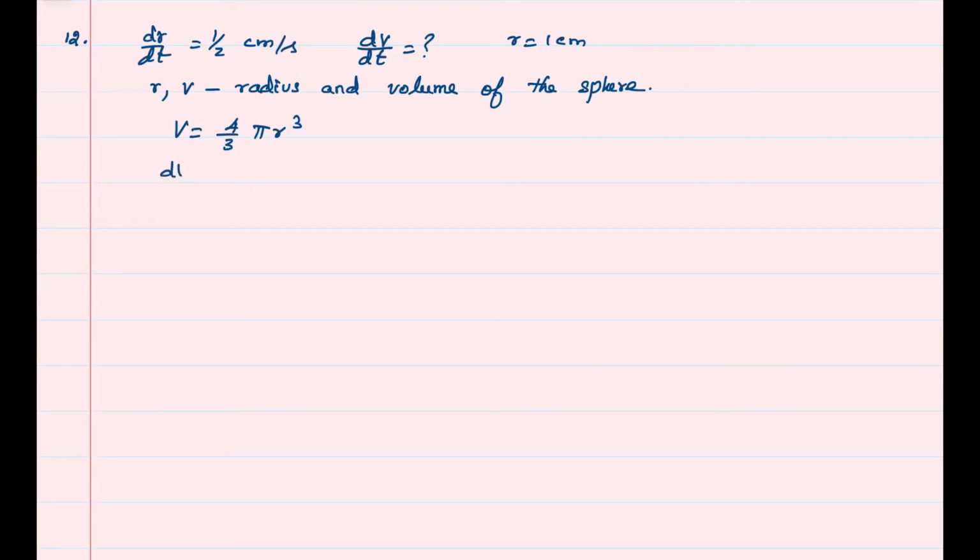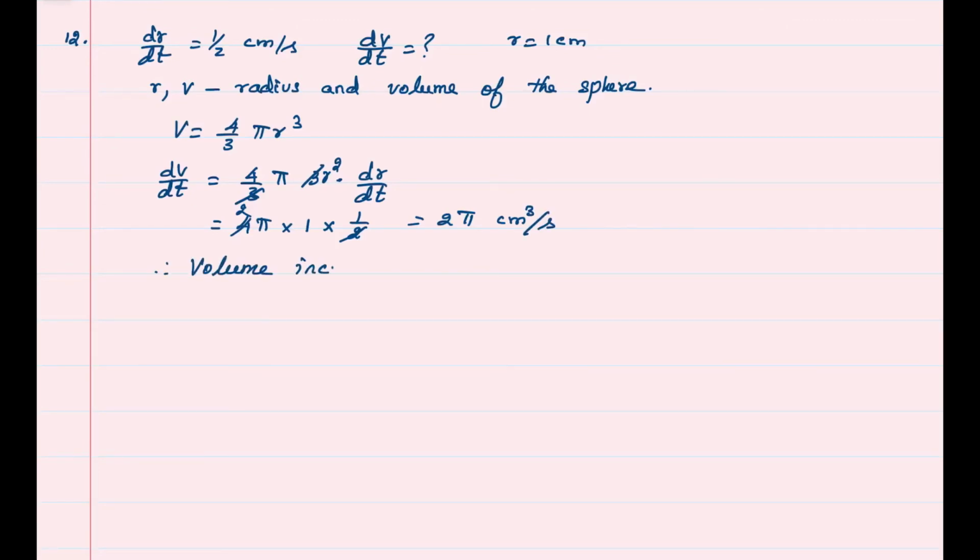We will differentiate with respect to t. dv by dt is 4 by 3 pi. We have to apply chain rule, 3 r square times dr by dt. 4 pi, r value is 1, 1 square is 1, dr by dt is half. The answer is 2 pi and the unit for dv by dt is centimeter cube per second. Therefore, the volume increases at the rate of 2 pi centimeter cube per second.